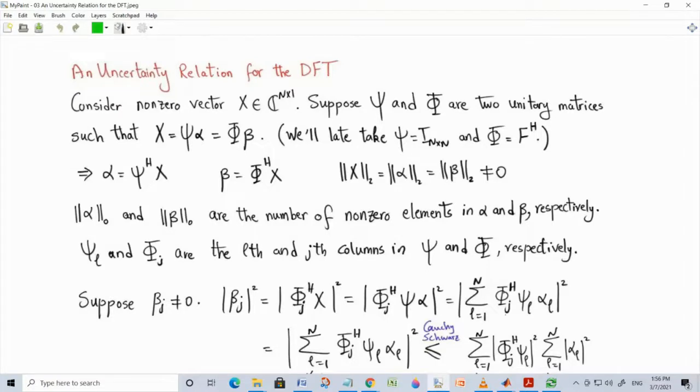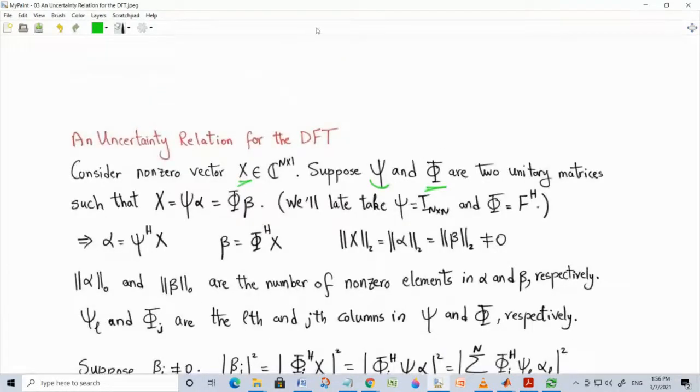Okay, let's take this. So there is a non-zero vector x, and this vector can be represented as a linear combination of the columns of psi or phi. Those are two unitary matrices. So you can write x as psi alpha.